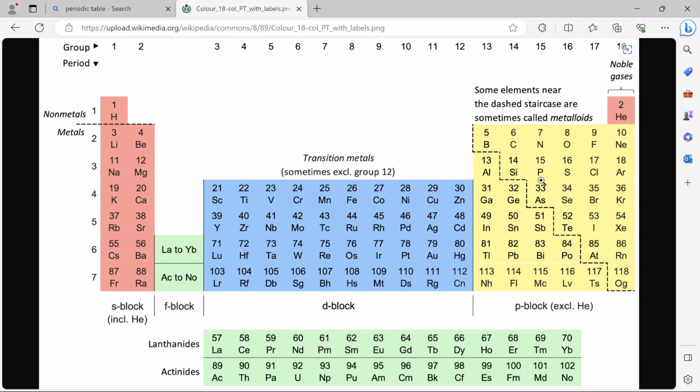If you know the periodic table, the outermost shell of group 4 elements will have 4 electrons, group 3 elements will have 3 electrons, and group 5 elements will have 5 electrons. In semiconductors, they form covalent bonds.